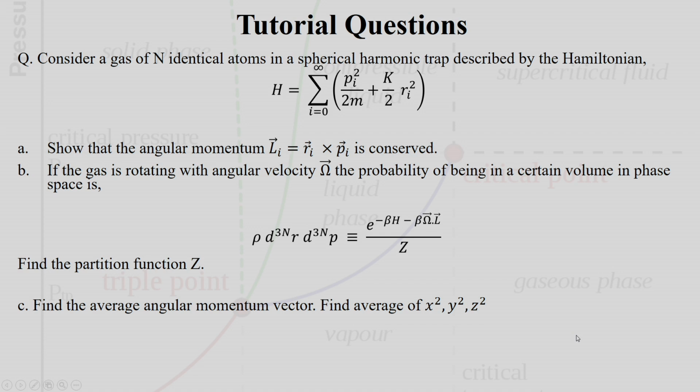Specifically, I am thinking of what is known as a harmonic trap. Intuitively, you can think of each atom to be connected by some kind of imaginary spring to the origin.